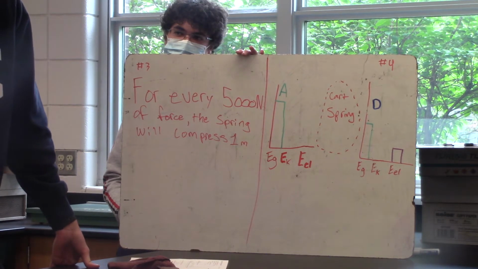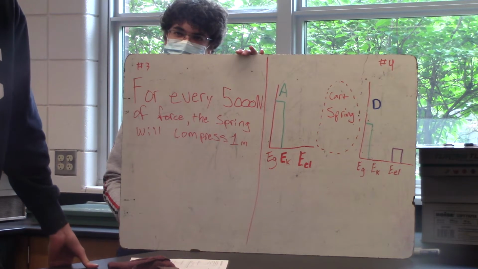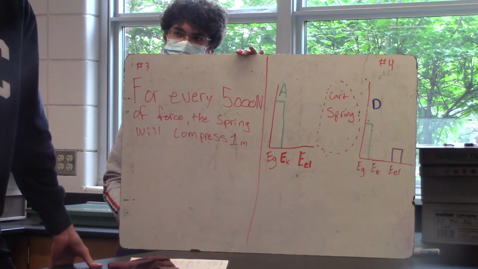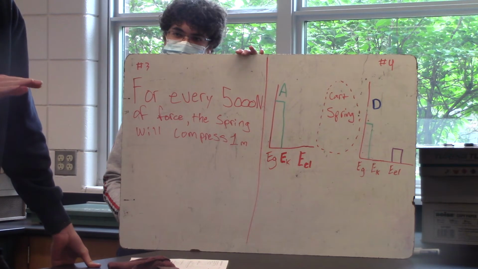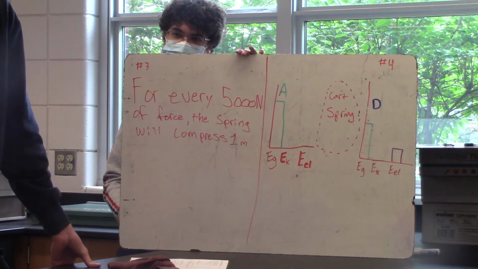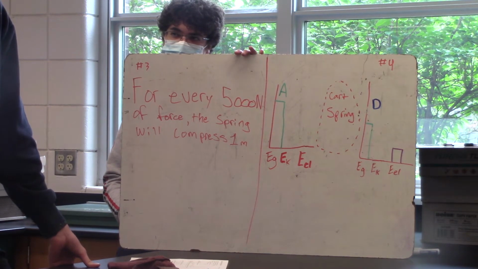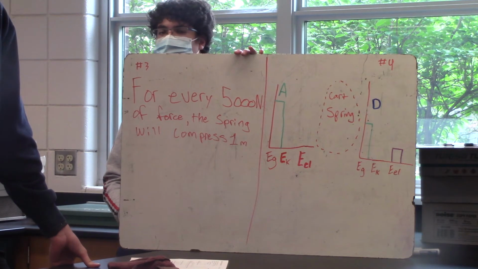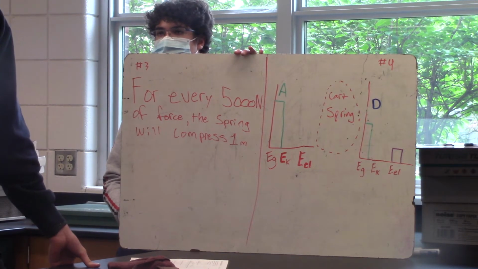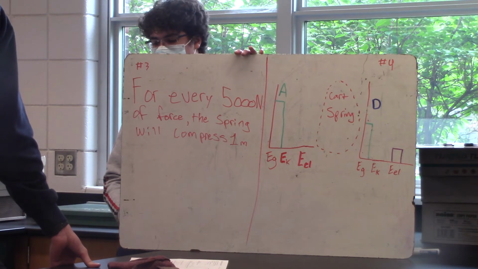How I figured it out was at point A, you had it all gravitational, and it was 30,000 joules. And at point D, it's at 20 meters, so it's 10 less than it was at point A. So we found that 10,000 of the 30,000 joules has gone to kinetic energy, because it has less height, so it had to go into something else.